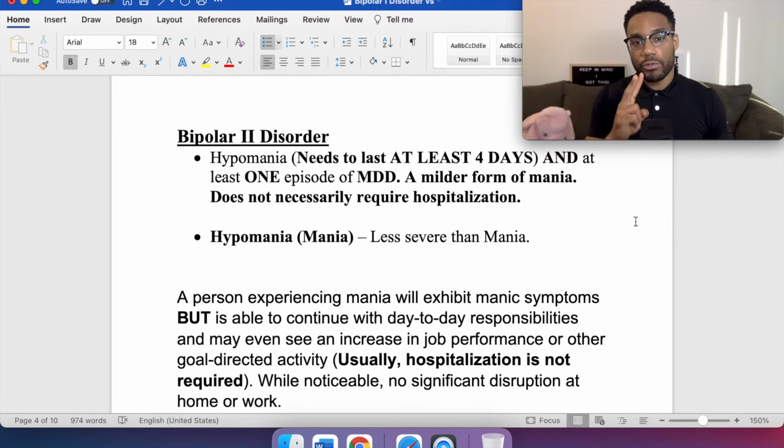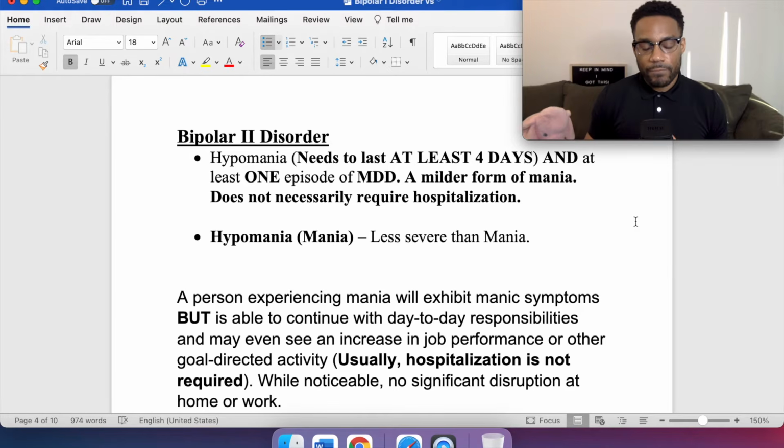With bipolar 2 disorder, you need to experience hypomania, which is a less severe version of that manic state, and you need one episode of major depressive disorder. So again, bipolar 1 is much more severe. Bipolar 2 is less severe. And with bipolar 2, you need to have an episode of major depressive disorder for it to be diagnosed.